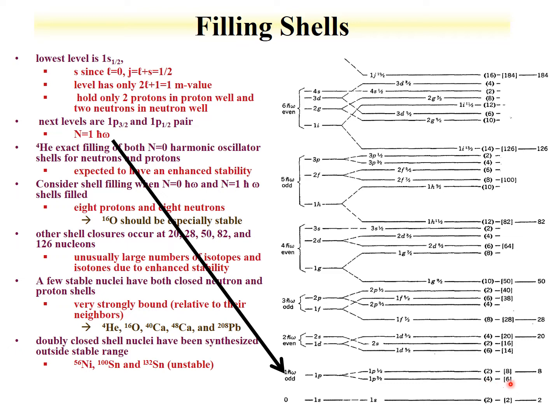The total amount of nucleons will be 6, so this will be either the 6 protons or 6 neutrons completely filling this shell. The p1/2, I can put 2 nucleons, total number of 8, and this is a gap where 8 winds up being a magic number.